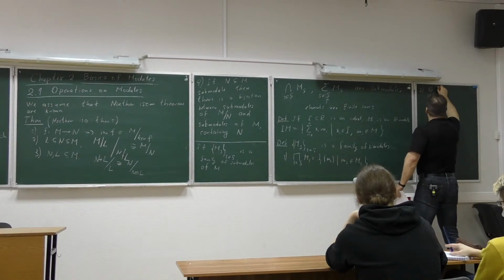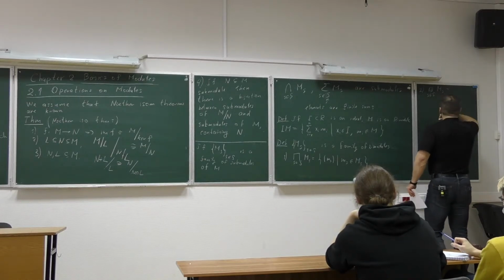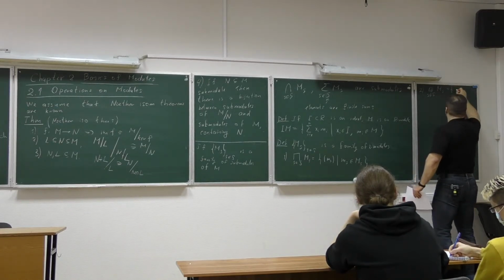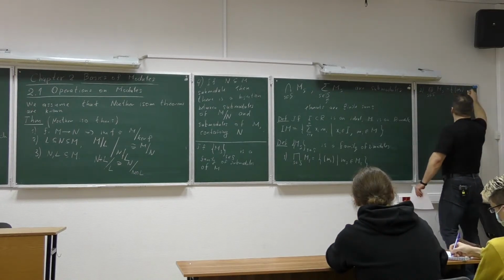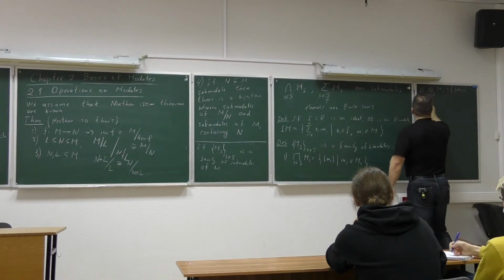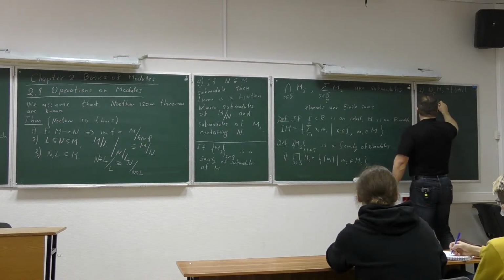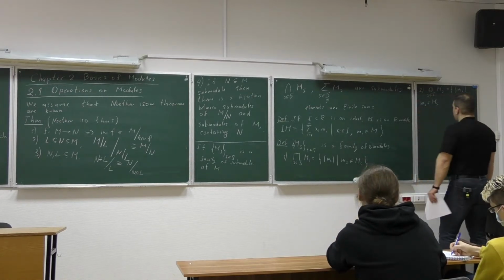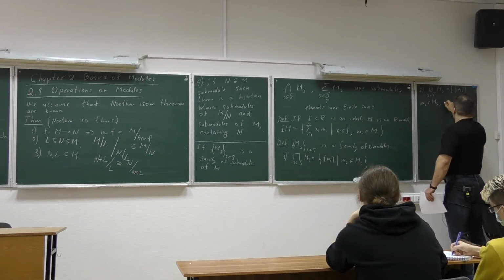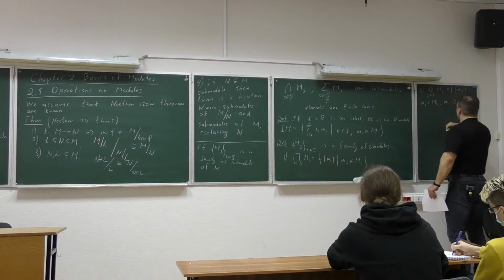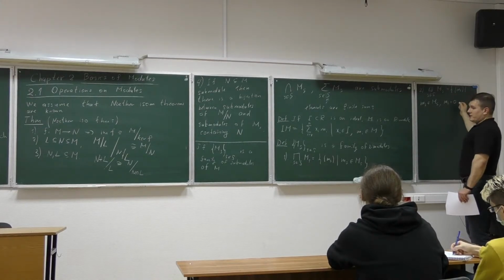of this family of modules, well, this is again the same vector. Again, all the components m_s are in the module M_s, and also we have a condition that these components m_s are equal to 0, except maybe finitely many elements.